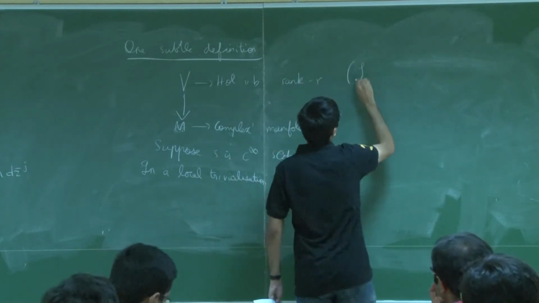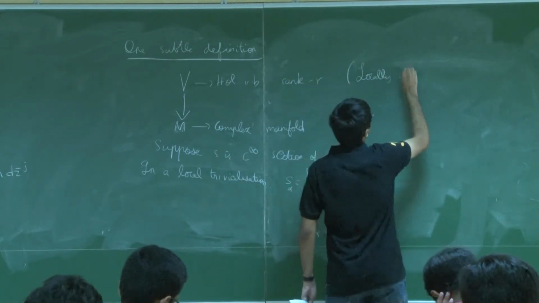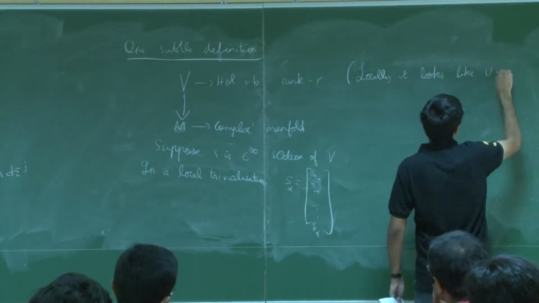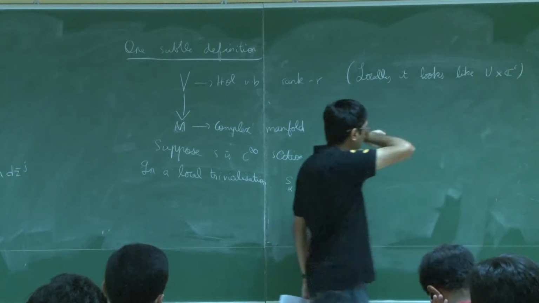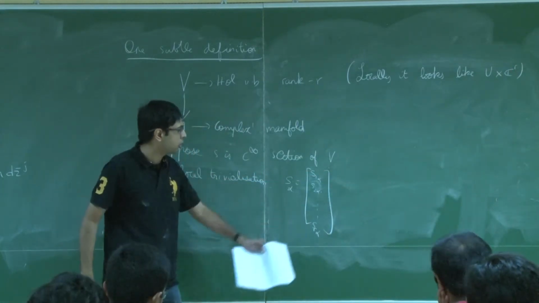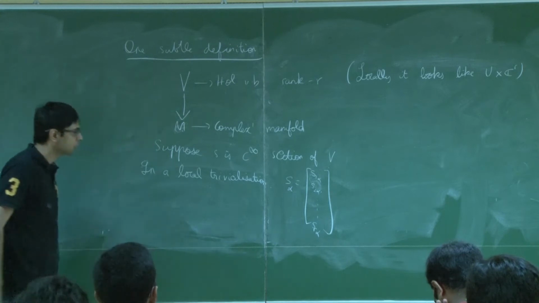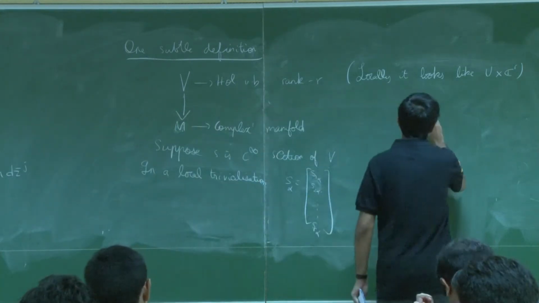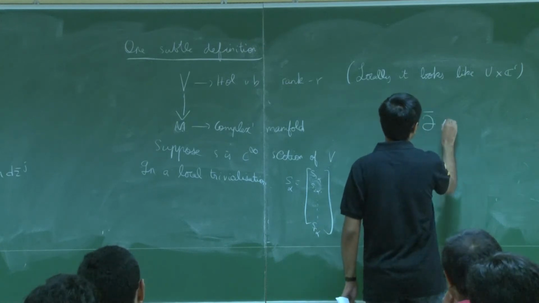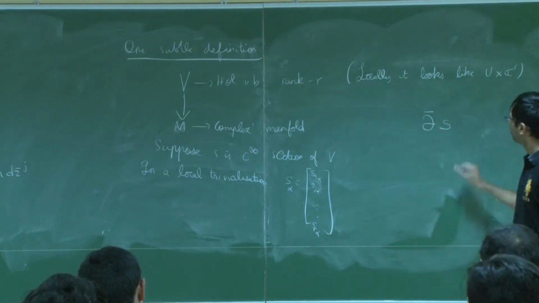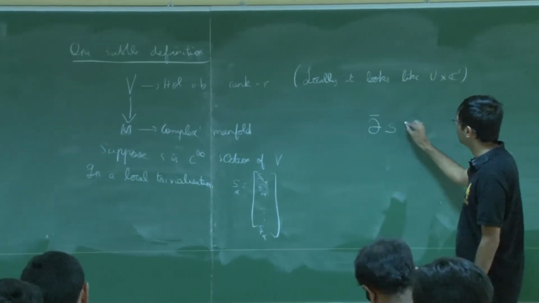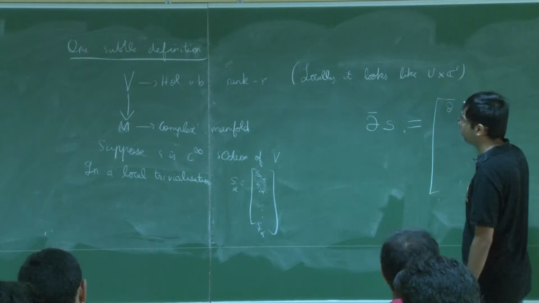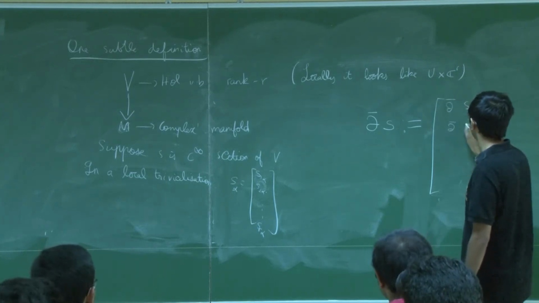It's a rank R complex holomorphic vector bundle. That is, locally it looks like U cross C^R. Okay? So you have R complex valued functions. And the subtle definition is this. You can make sense of this object. How can you potentially try to define it? You take a local representative of this.